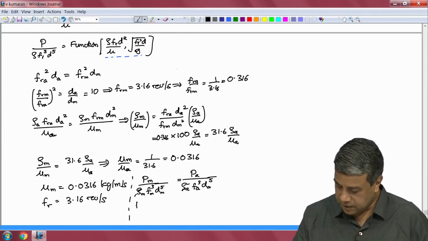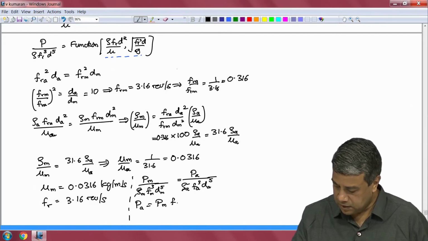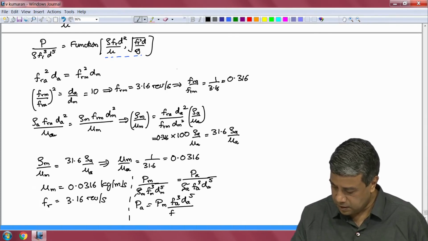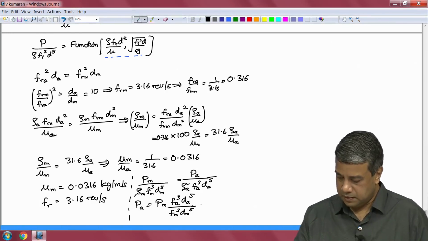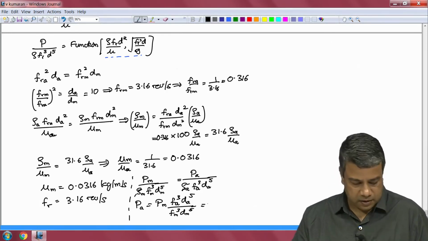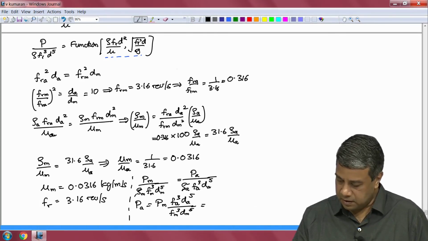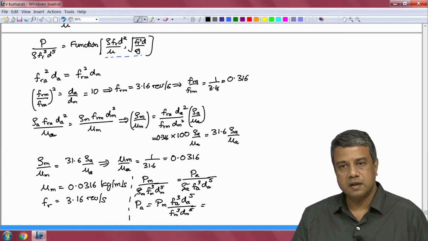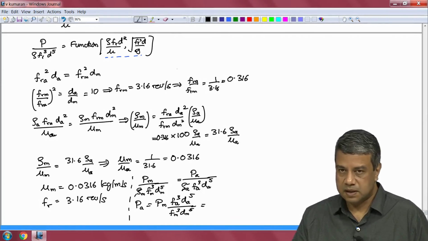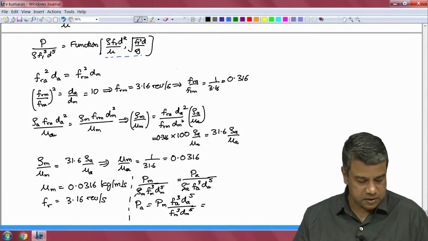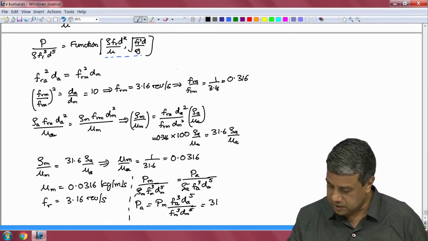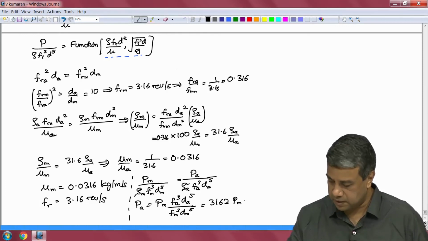So, the power of the actual reactor is equal to the power of the model reactor into F A cubed d A to the power 5 divided by F M cubed d M to the power 5. d A is 1, d M is 0.1, F A is 1, F M is 3.16. Put those numbers together and you will get a factor of 3162 times the power of the model reactor.